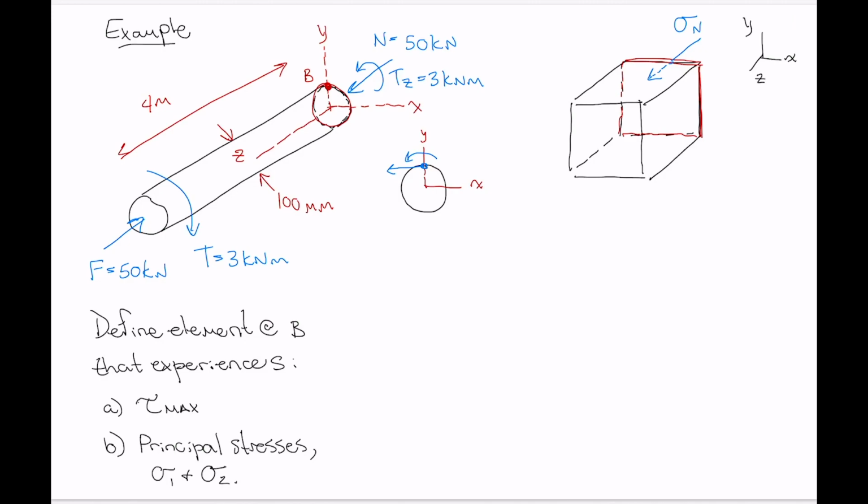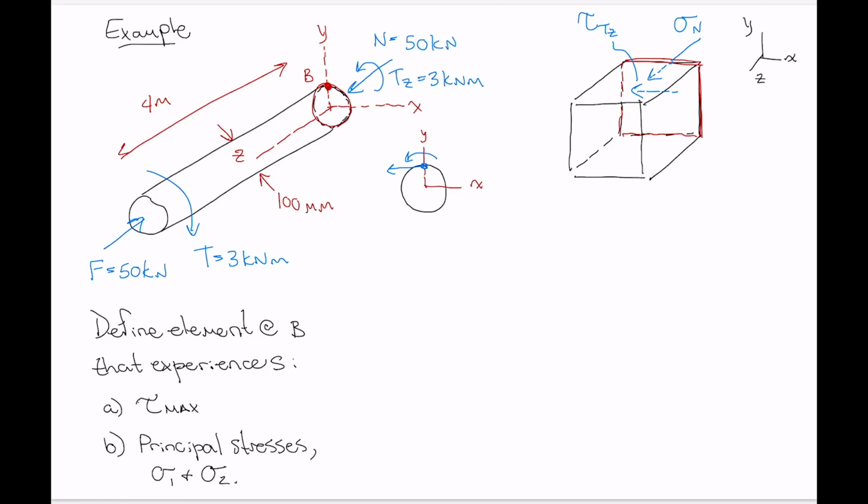So we just go to our cut face, or our face of the element that's in the section plane, and add a shear stress in the negative x direction. So like that there. So this here is tau subscript z, or tau subscript tz, sorry. Tz. There we go.